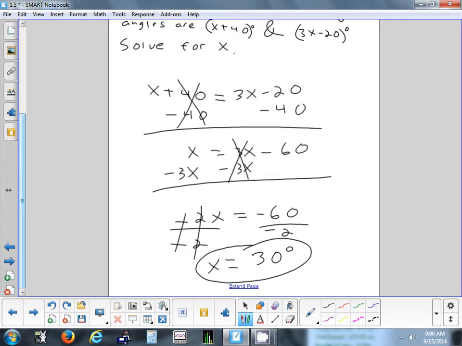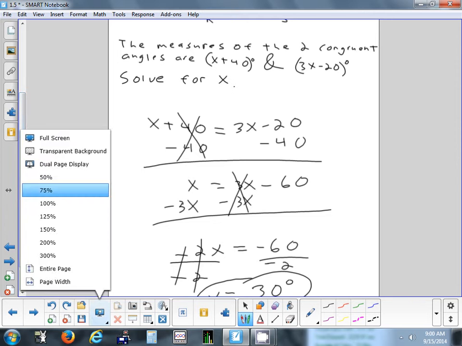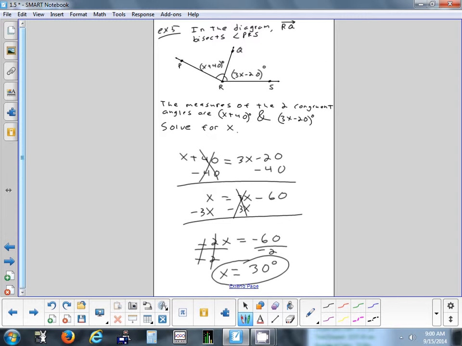So x is 30. Is that the measure of angle 1? Well, Brian, is 30 degrees the measure of the angle on the left? No, 30 degrees is just x. So if all I want in this problem is x, we're done.